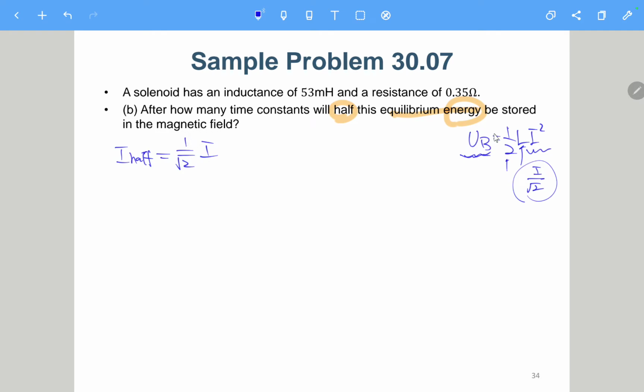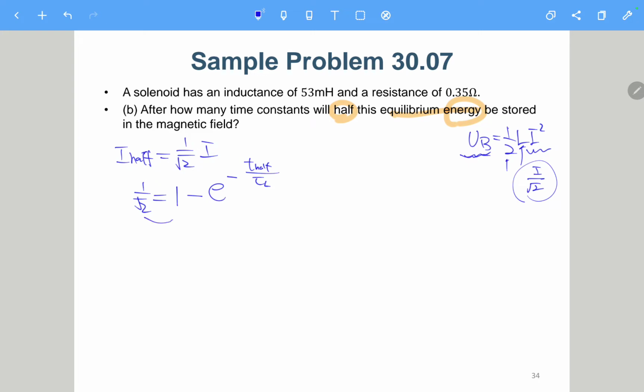So if we have I half with a factor of 1 over square root of 2, and then take the square, it becomes half of the UB. Okay, so in that case, we have 1 over square root of 2 equals 1 minus exponential of negative T half over tau L.